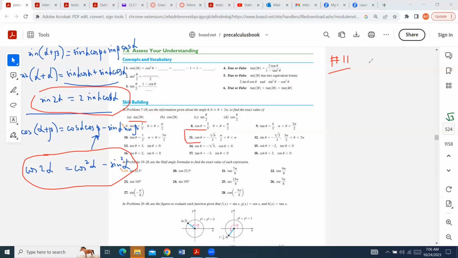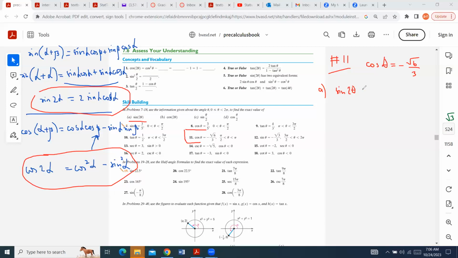Okay, so they gave us that cosine of angle theta is something like root of 6/3. So it's not a standard angle, but that's absolutely fine. We can utilize the formula. In part A, they ask us for sine of 2 theta.